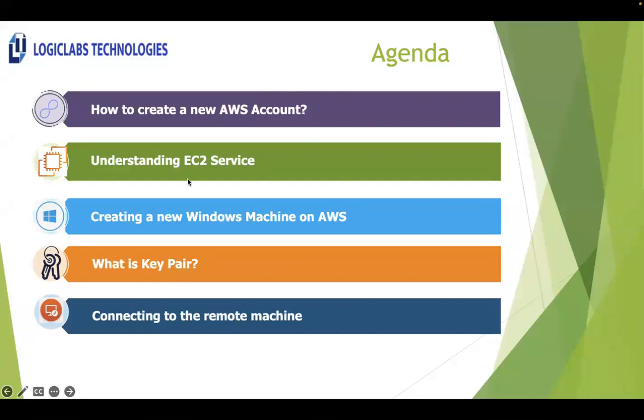So today, again, we will go to the demo and understand how you can select a Windows machine, then while creating a machine, what the key pair is and how to connect. Those three things we will discuss in a deep dive way. So you will get the idea how we can access those options and how we can use them to create my EC2 instances. So I'll quickly move to the demo part.